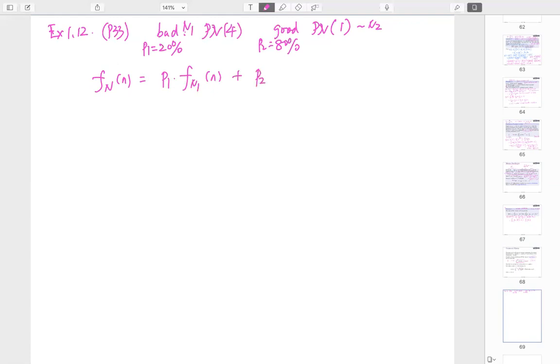So this is what we just studied, right? And since we have the result, n from 0 to infinity. By the way, this is another way to show why I have that result.